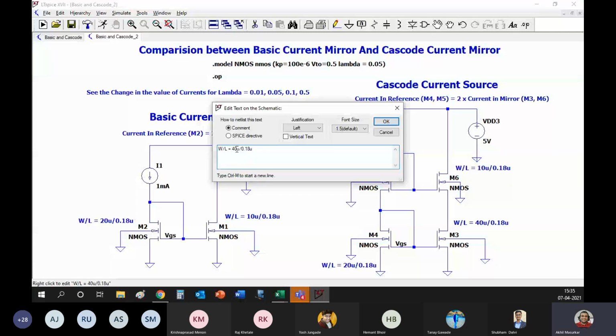And now you actually change the W/L. I am making it 10.